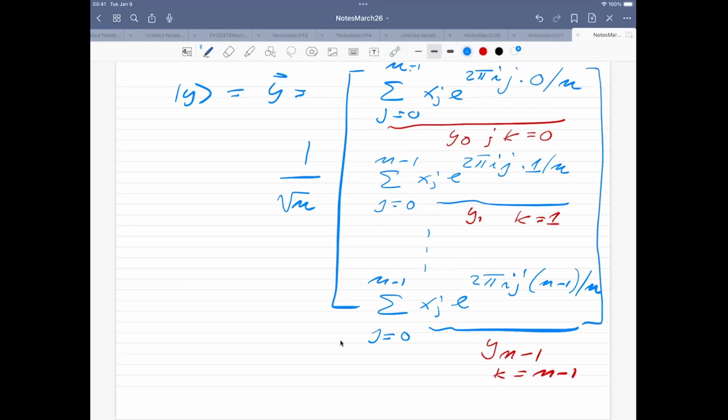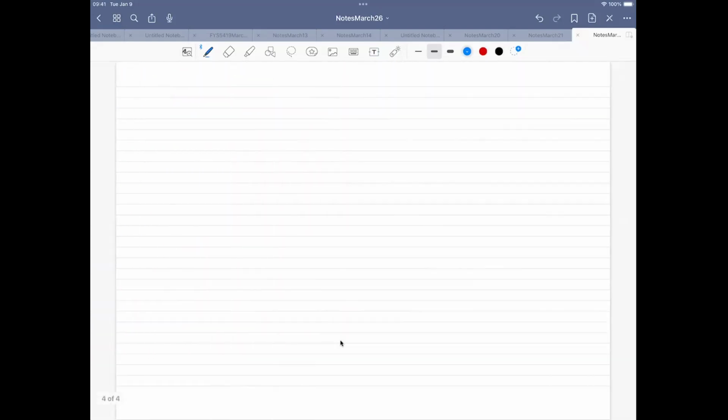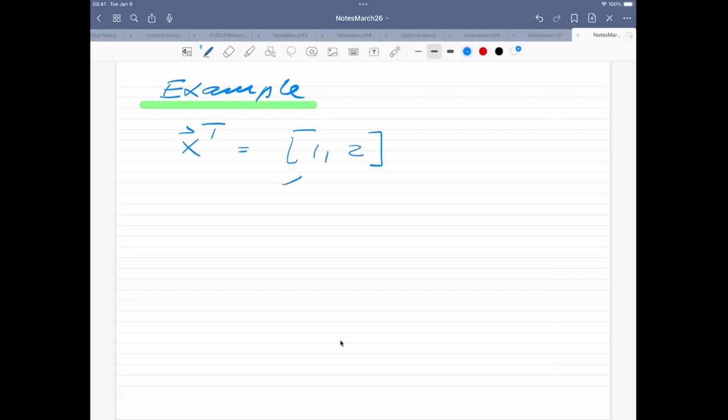So let's look at a simple example to get acquainted with these types of expressions. We could define x transpose as 1 and 2, so this component will be x0, and that component is x1.